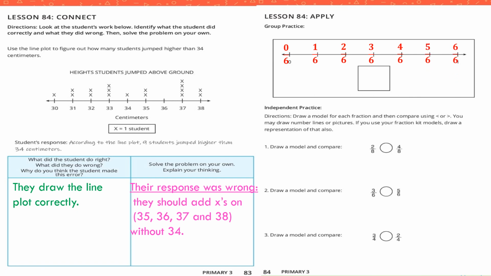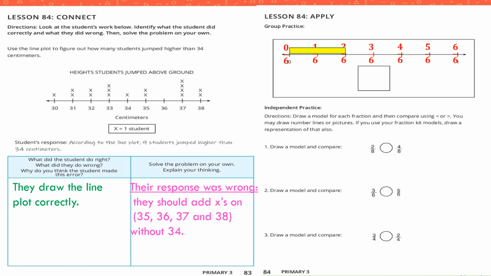I will ask you a question here. Let's represent 2 over 6 on this number line. What shall we do? You should join the distance between the starting point 0 over 6 till 2 over 6, okay?